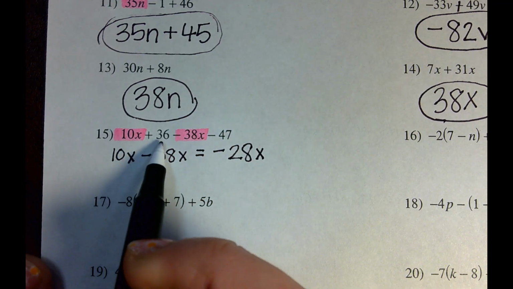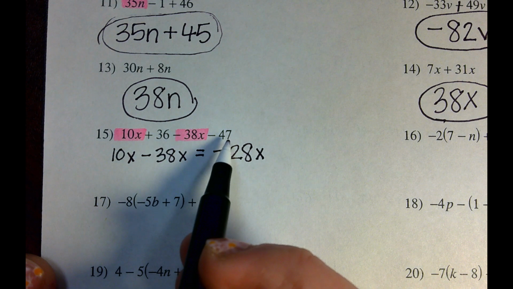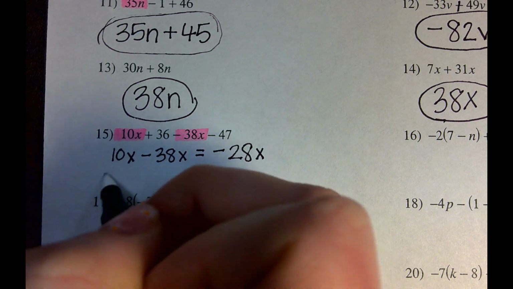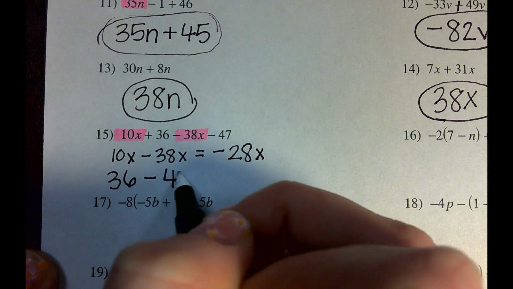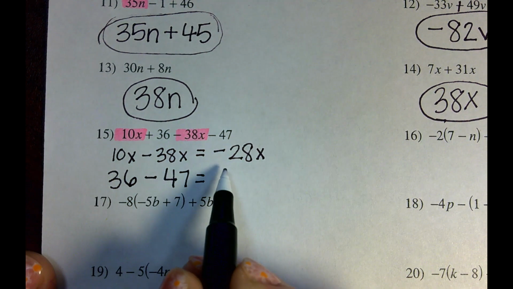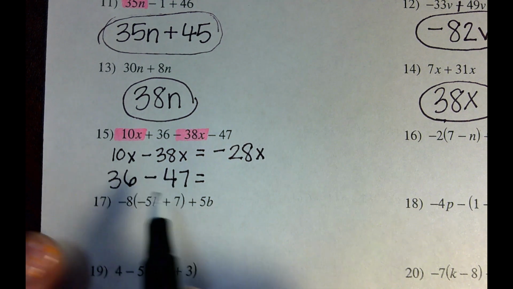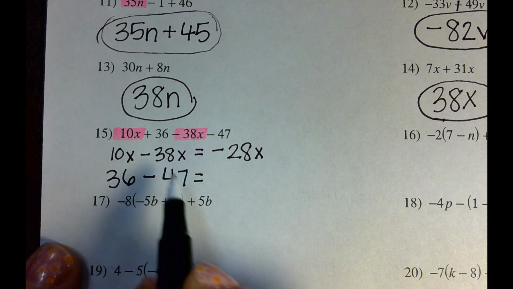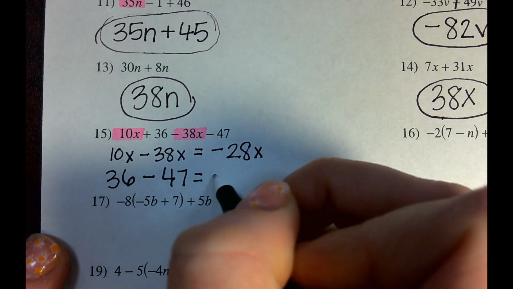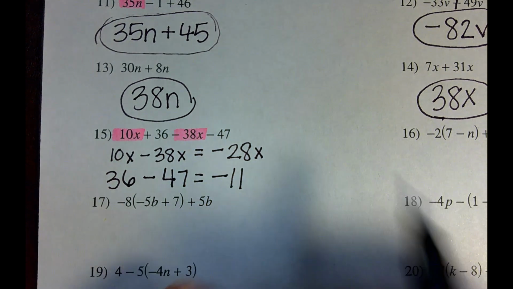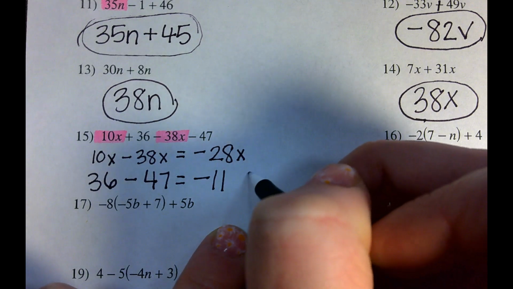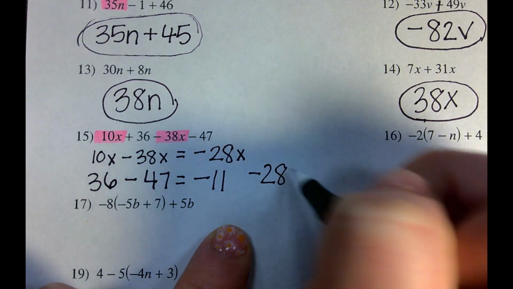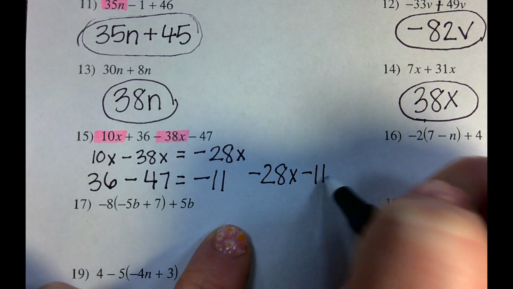And then I have 36 minus 47, minus 11. We're going to have a negative answer because we're taking away a bigger number than we started with. So we want to put these together now, and our answer is negative 28x minus 11.